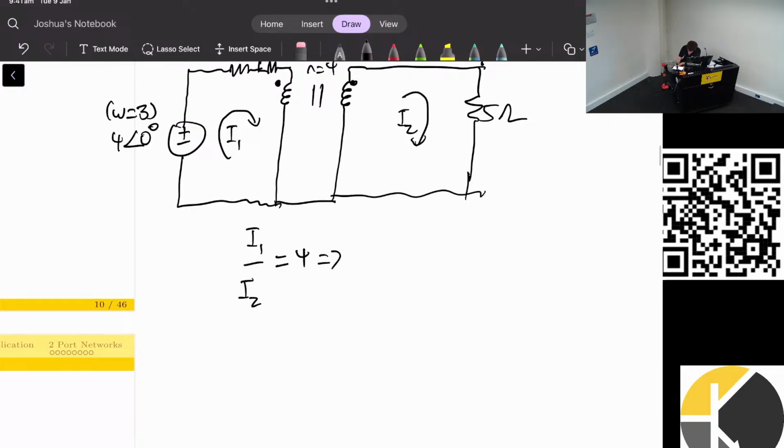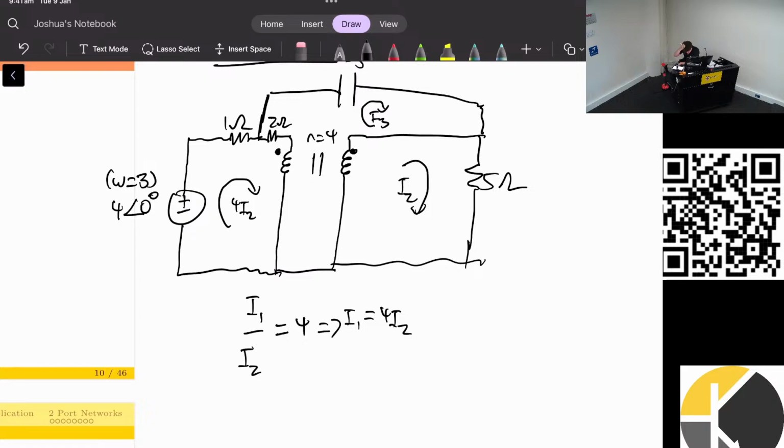So I1 over I2 equals 4, I1 equals 4I2. Now, I could keep using I1, but instead, I am going to replace this with 4I2. It means we don't have to worry about an extra variable, and life definitely becomes easier.